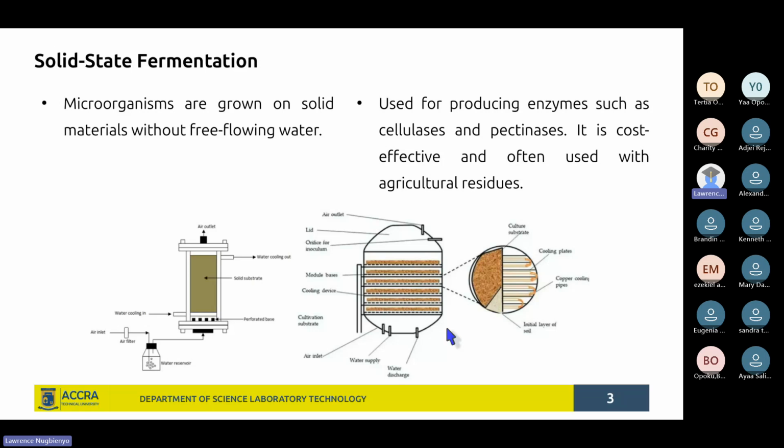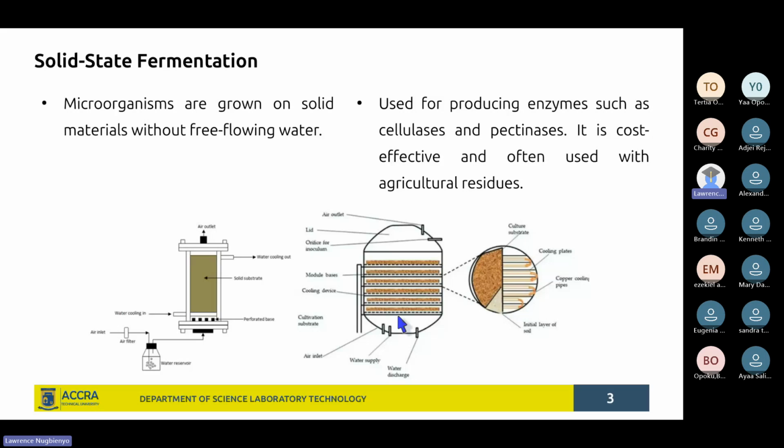So if you have here in the middle, say, a bioprocessor in which you have different layers like shelves on which you can have different solid media that are inoculated with the microorganisms, you have optimum conditions set in it.